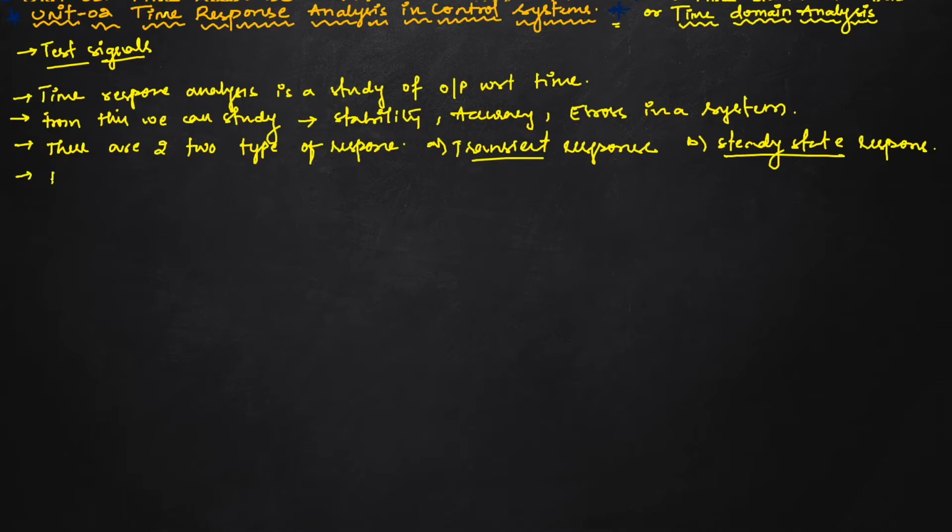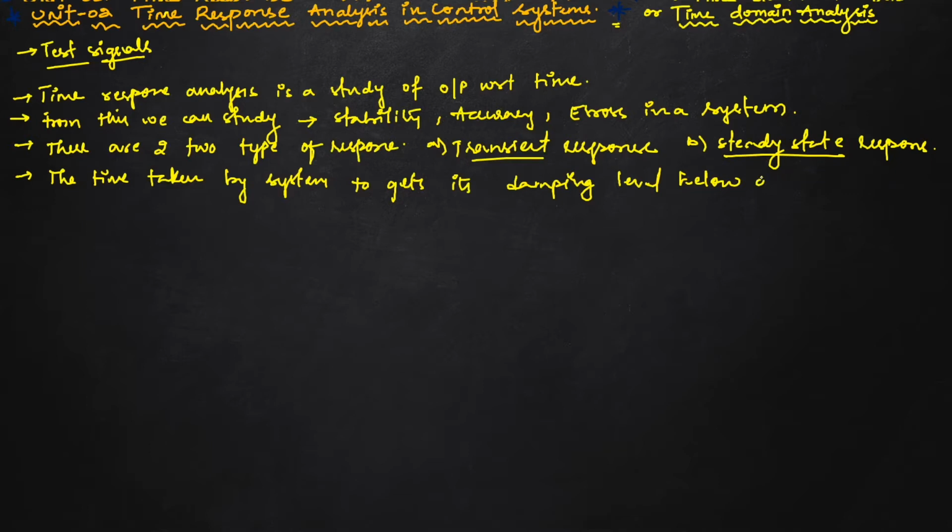The next thing is the time taken by the system to get its damping level equal to 2% of the final value, which is called the transient time. We will discuss what damping is in detail; for the time being, just try to understand the definition.